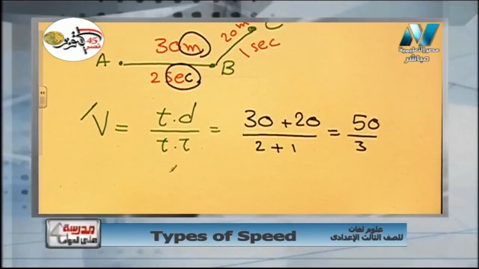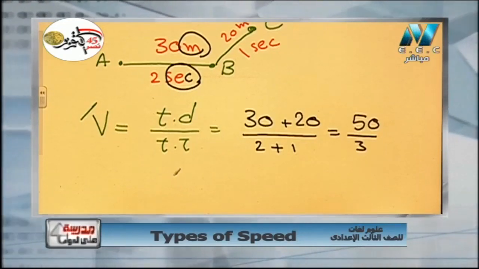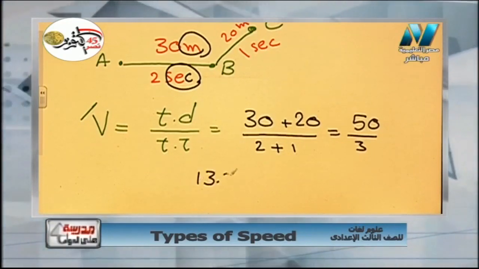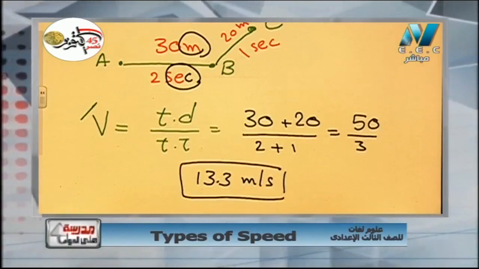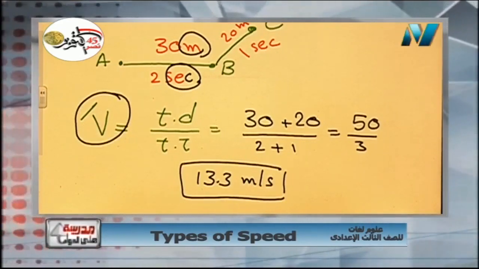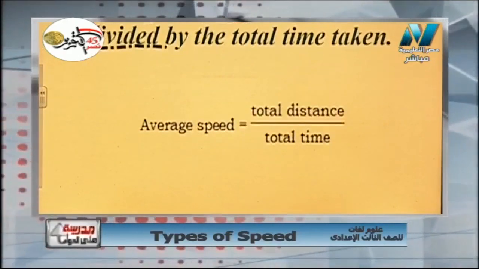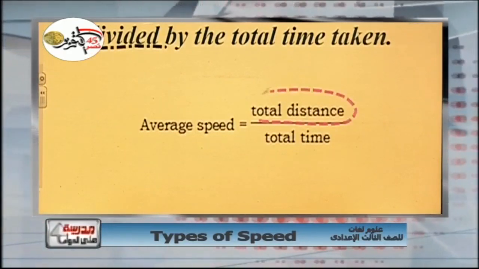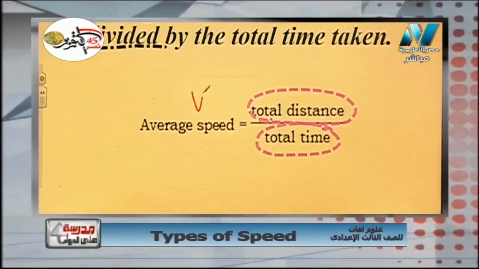So the result will be about 13.3 meter per second, because we use this measuring unit to calculate the average speed or any type of speed. So now we can know the mathematical law from the definition, as we have total distance covered over total time taken to cover this distance by using what? By using average speed or V dash.